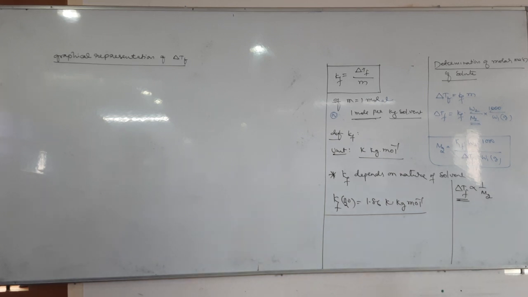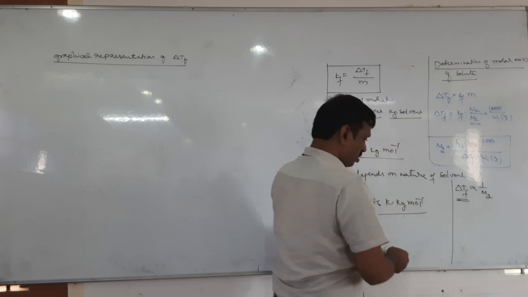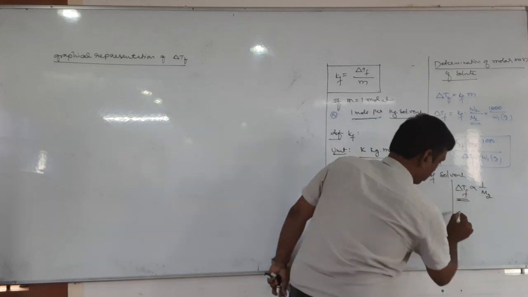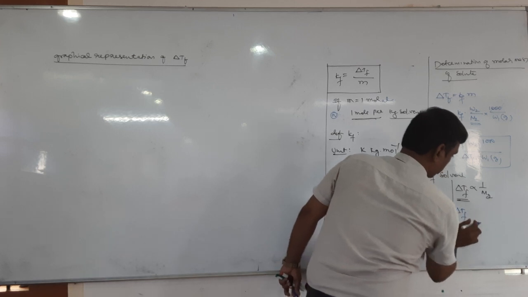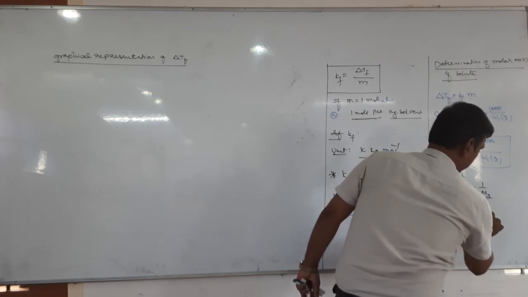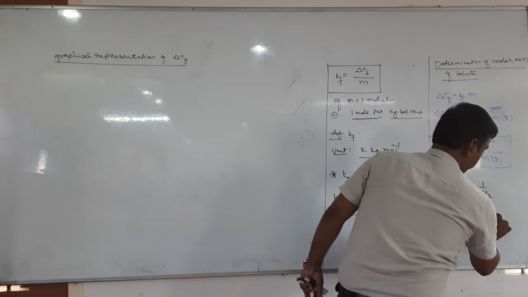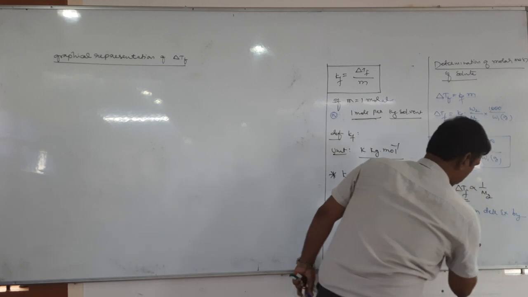Delta Tf is inversely proportional to molar mass, and delta Tf can be determined experimentally by the Rast method.